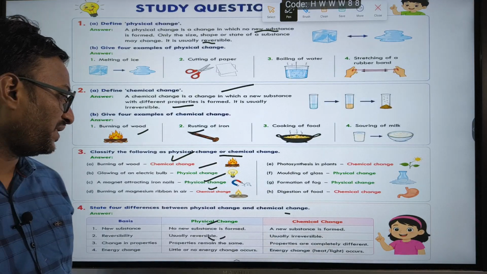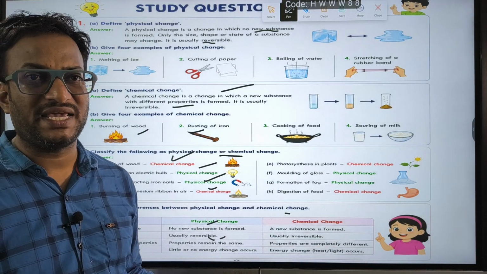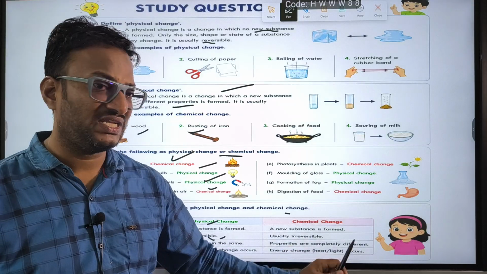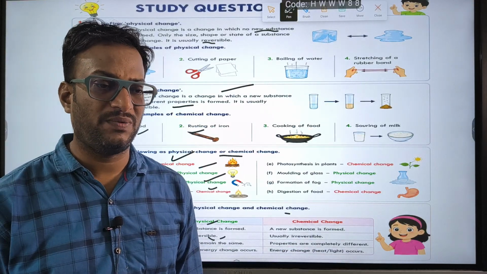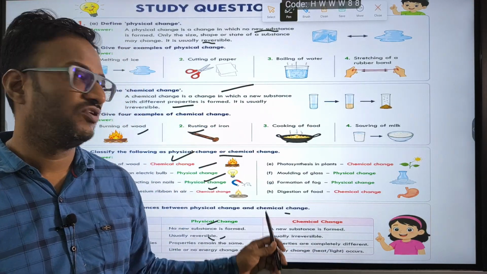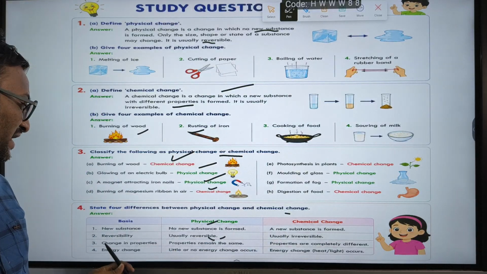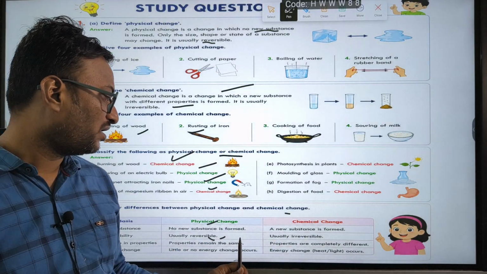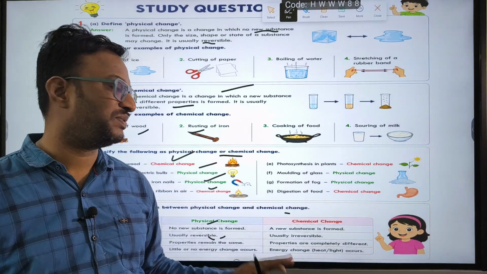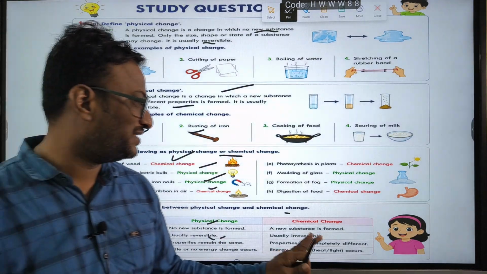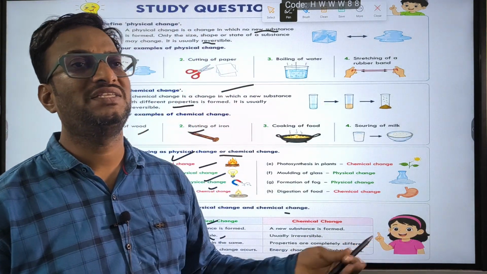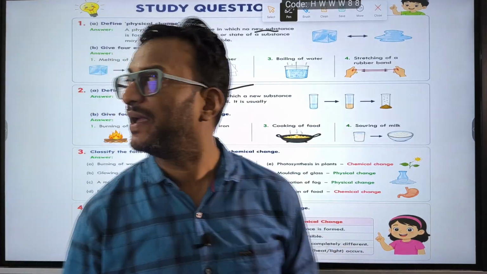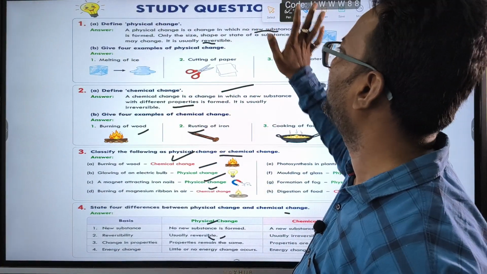Next, changes in properties: properties remain the same in physical changes, and new properties are formed in chemical changes. Energy change: little or almost no energy change takes place in physical change, and energy changes, heat and light changes, occur in chemical changes.